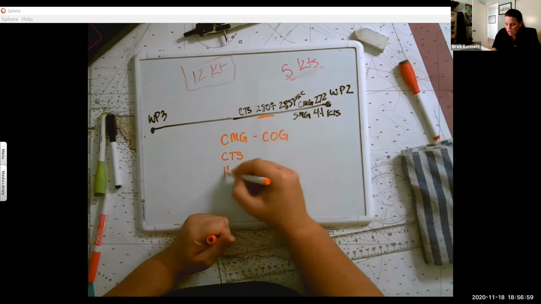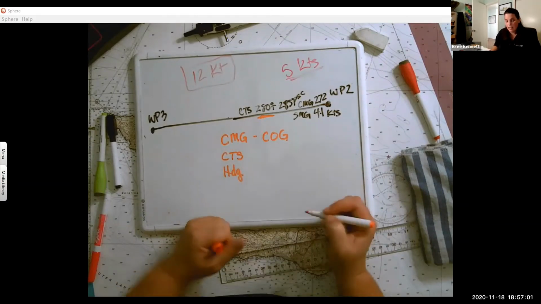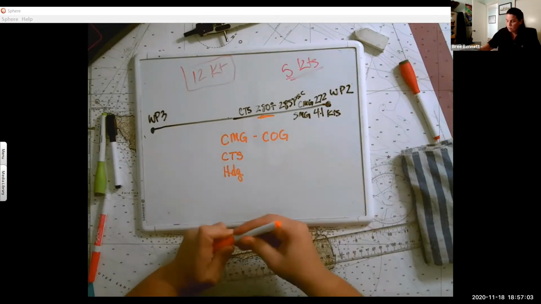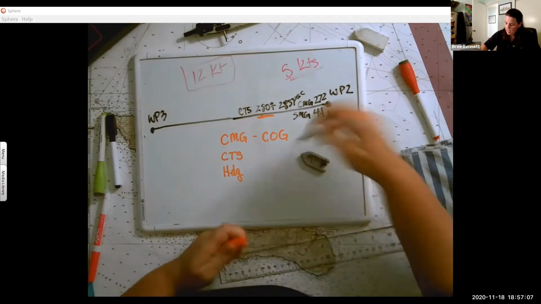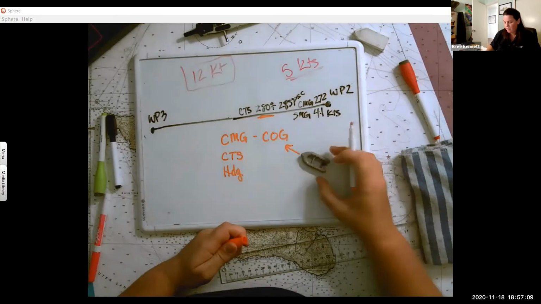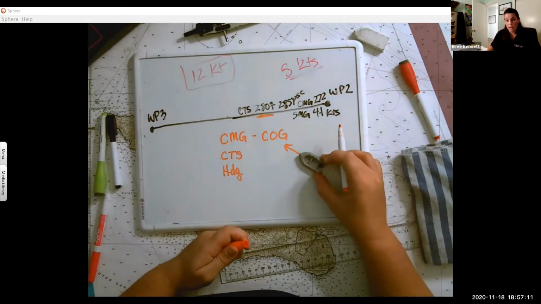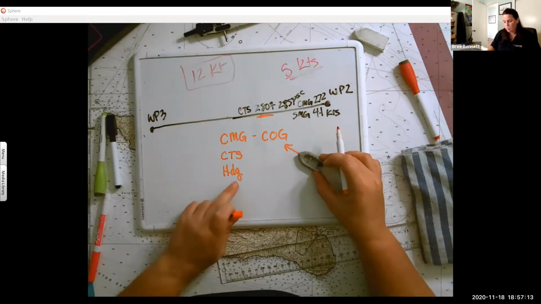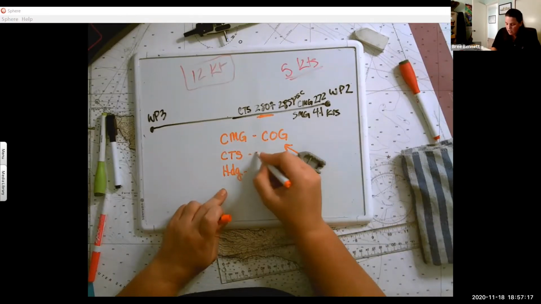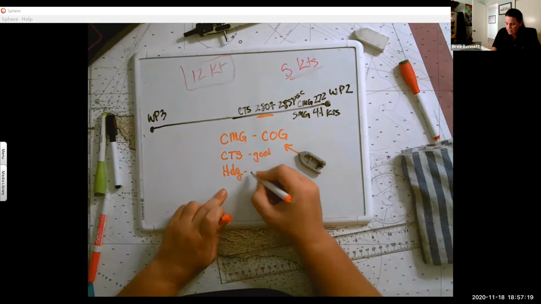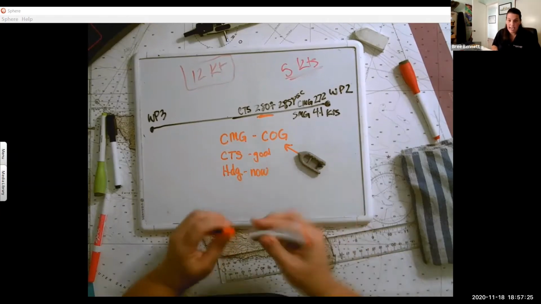And then we have our heading. So here we have our course to steer at 280, and that's what we want to be doing. But the heading is what's happening in the moment. So this is kind of your goal, and this is what's happening right now.